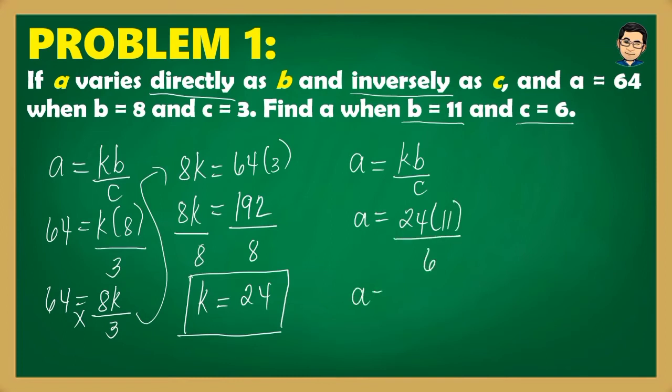So pwede nating i-cancel out yung 24 and 6 since meron silang common factor, which is 6. So 24 will become 4, and then 6 will become 1. So multiplying the remaining factors, 4 and 11, the value of A when B is equal to 11 and C is equal to 6 is 44.